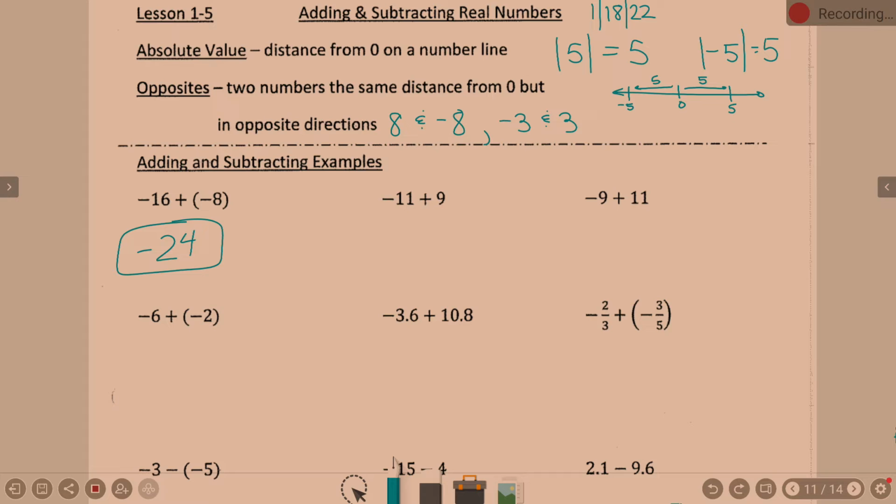And a negative plus a negative is a negative. We're only doing adding and subtracting today, so we're not multiplying and dividing. But that is if you go 16 left on the number line and then another 8 left on the number line, you're going to be even farther in the negatives. Now, this one changes things up. Negative 11 plus 9, because we're adding a negative and a positive.